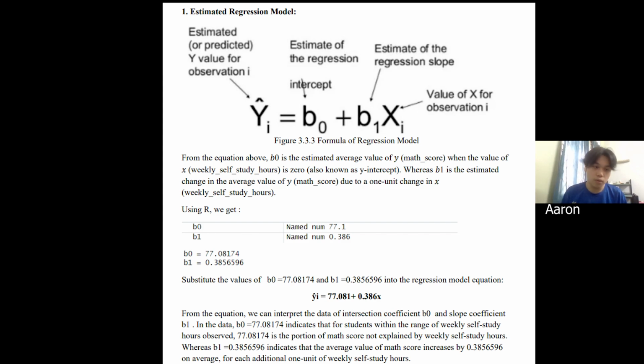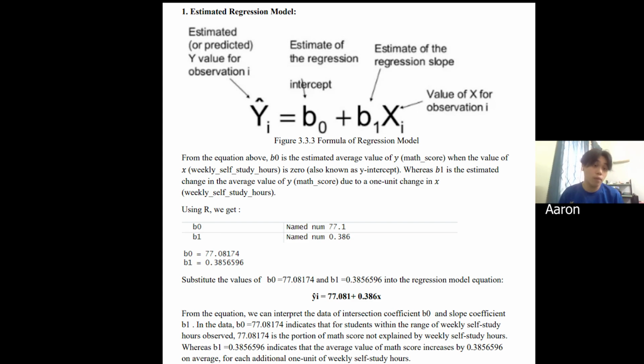Using RStudio, we get that B0 equals 77.08174 and B1 equals 0.38565696.